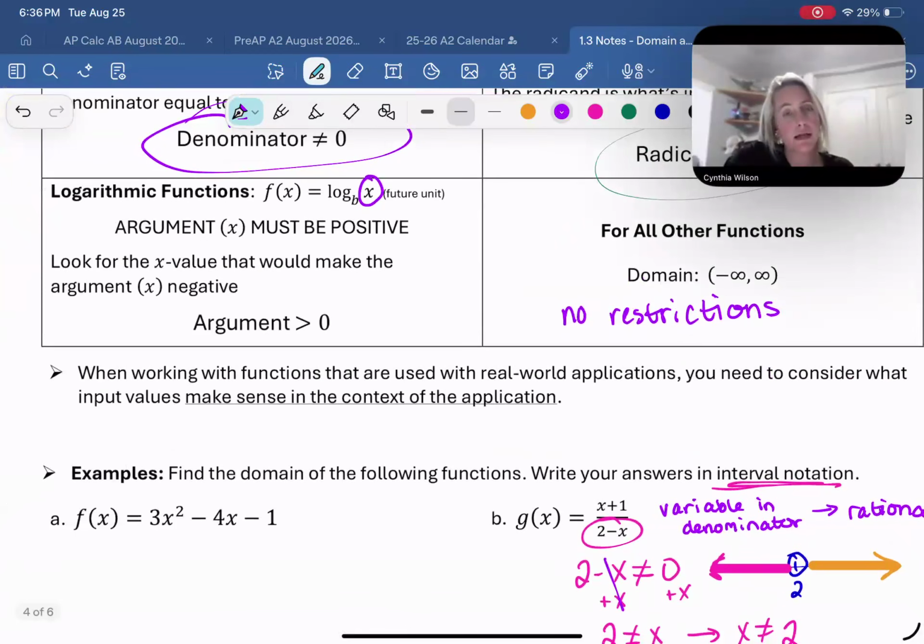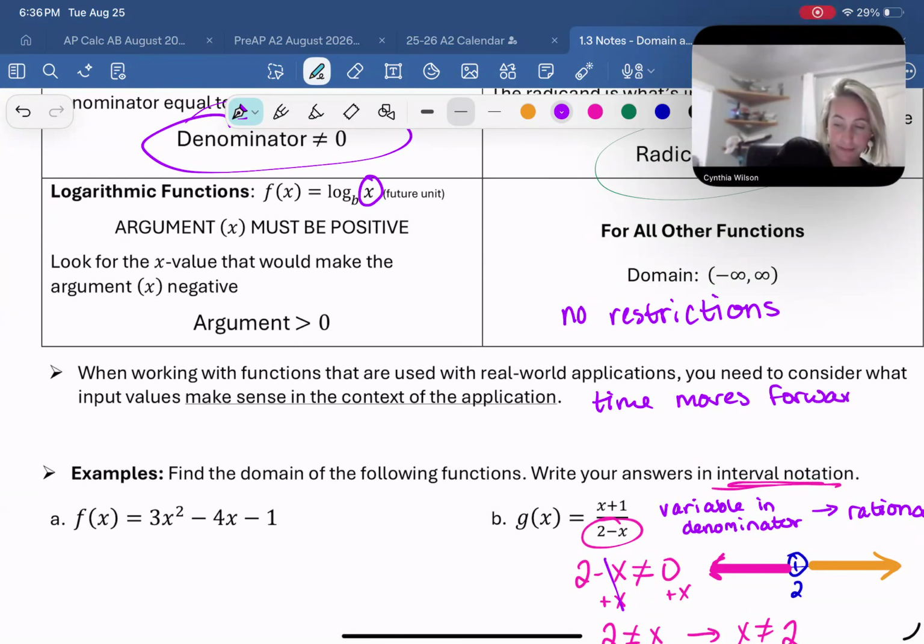Okay, and then our last little bit, it says if you're working with a real world function, consider what makes sense. For example, time moves forward, not backwards. Okay, that's just how time works. That's the major one.